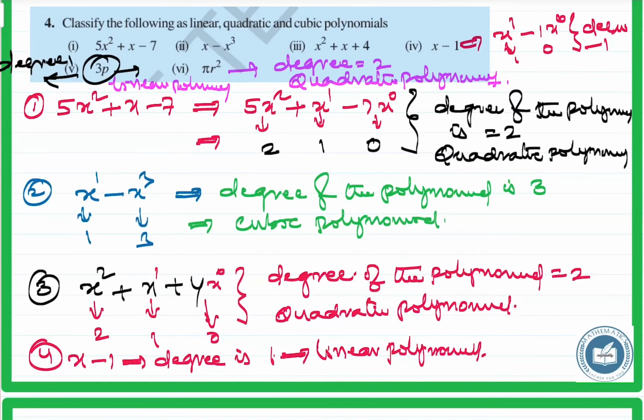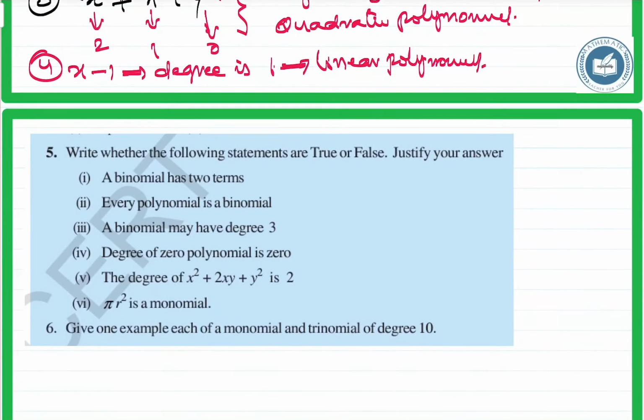So in this way we can decide: if the degree of the polynomial is 1, it is a linear polynomial. Degree 0, that is a constant polynomial. Degree 2, that is a quadratic polynomial. Degree 3, that is a cubic polynomial.